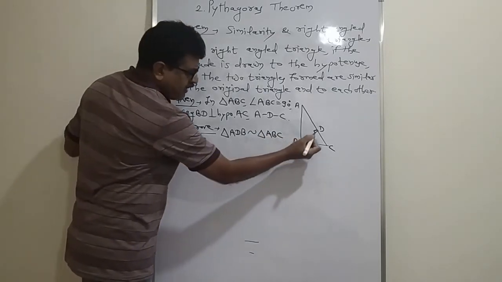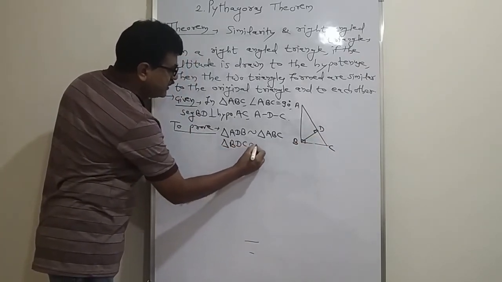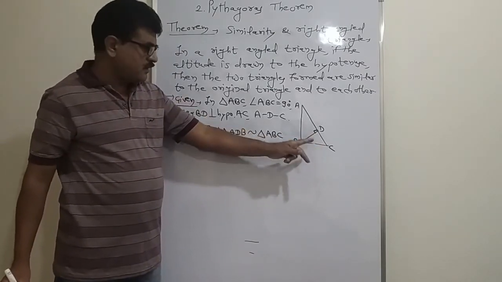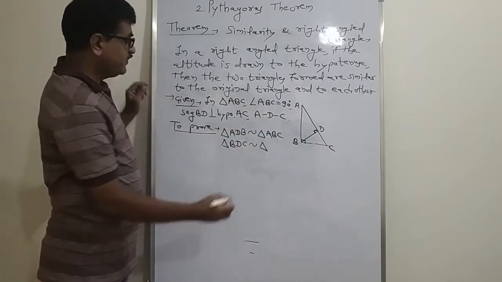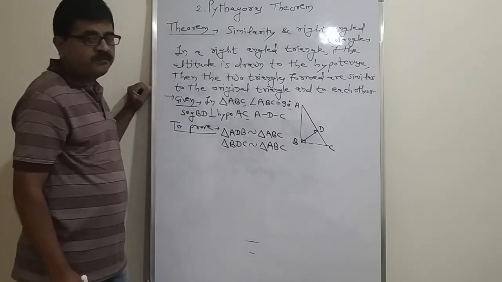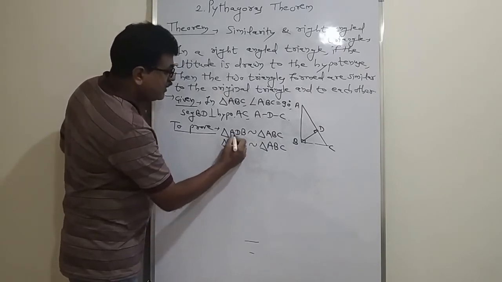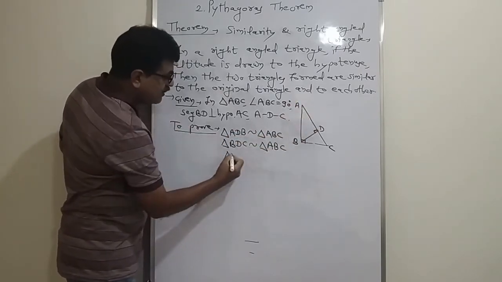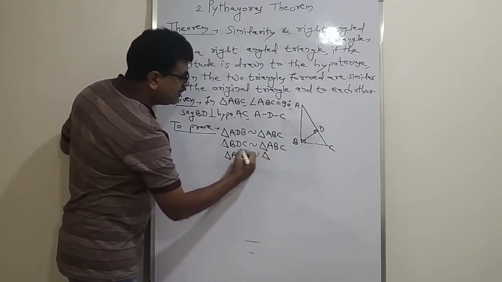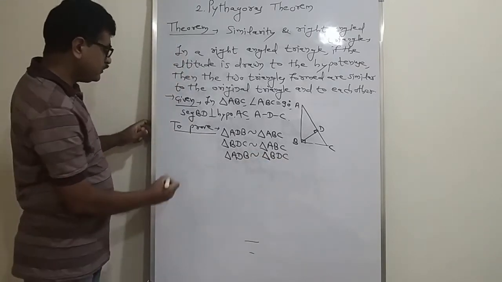Second, triangle BDC is similar to triangle ABC, since angle ABC equals angle BDC and angle C is common. Now these two are similar, therefore third, triangle ADB is similar to triangle BDC. This is what we have to show. Now prove.